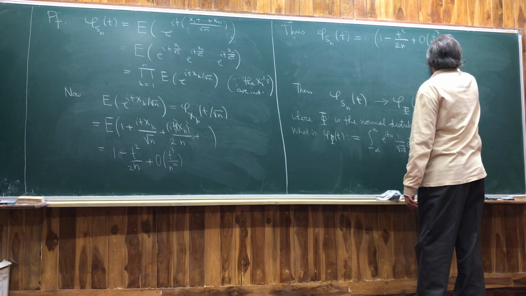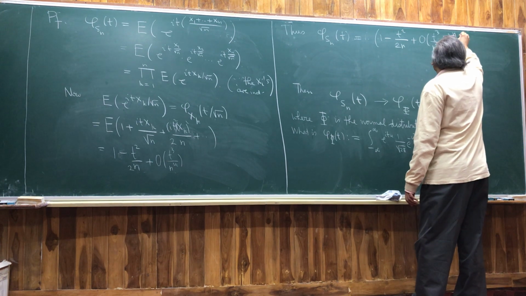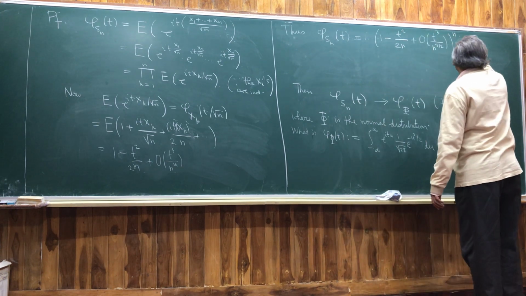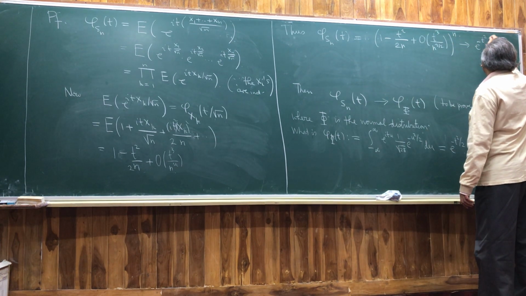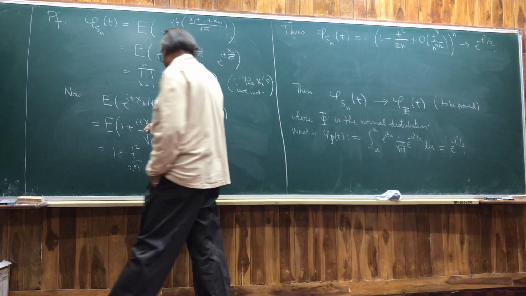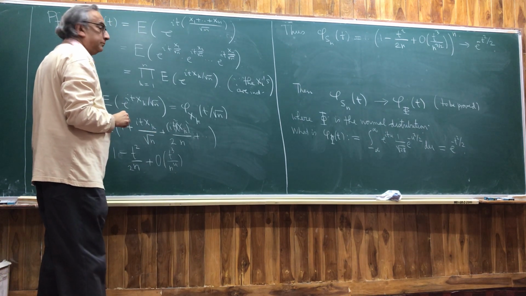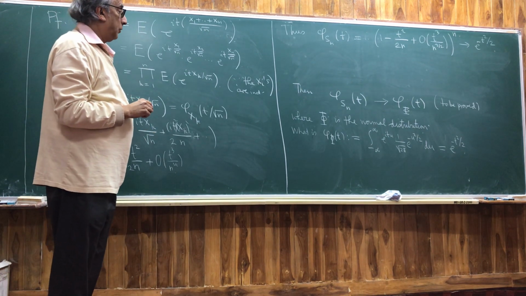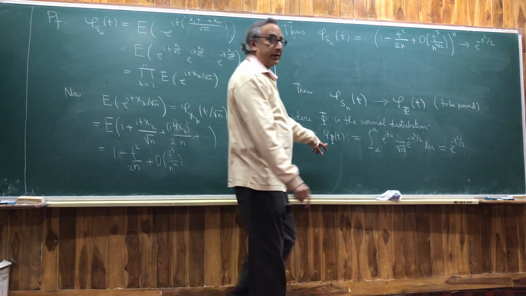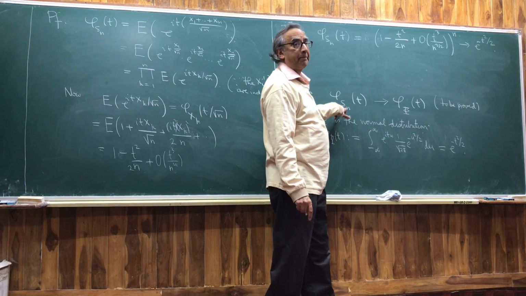And as I think everybody sees what's going to happen here, it's to the nth power, and this converges to e to the minus t squared over 2, which is the characteristic function of the normal. So I proved this too.